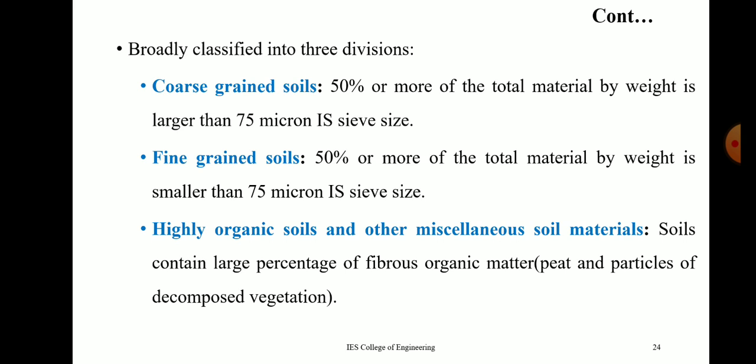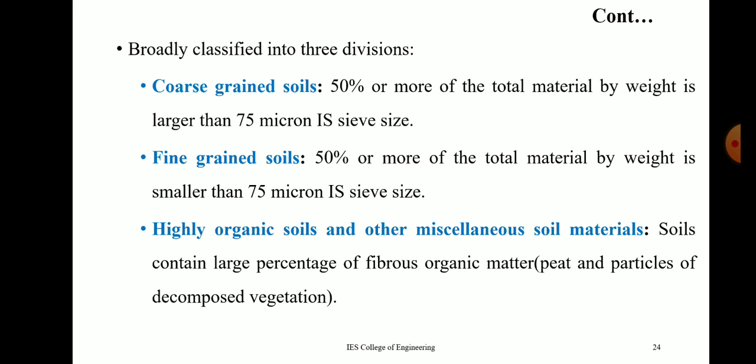It is broadly classified into three divisions: coarse-grained soil, fine-grained soil and highly organic soil and other miscellaneous soil material. In coarse-grained soil, 50% or more of the total material by weight is larger than 75 micron IS sieve size.